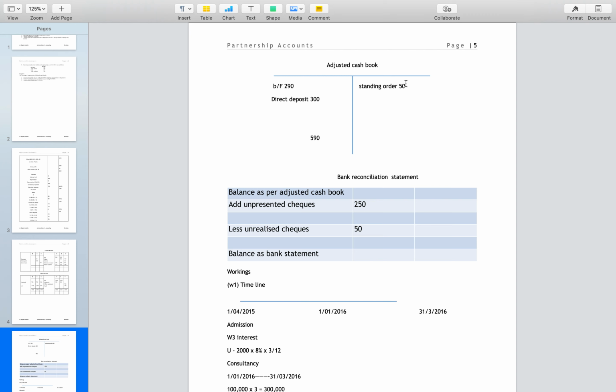So therefore 590 minus this 50, so therefore the adjusted cash book carried down will now be, right, 540, right? So 540 plus 250 will now give you 790 minus the unrealized check of 50, right, will now give you 740 again. Okay, right? So guys, that we complete A level 2016 paper, right?